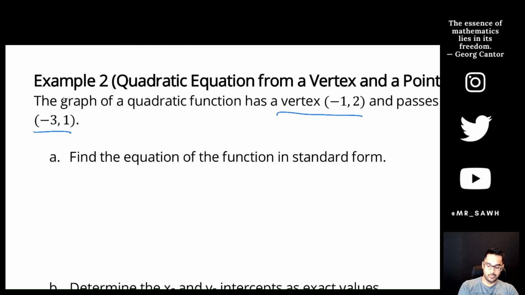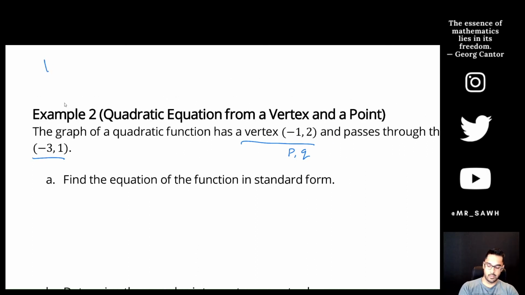Now if you're ever told a vertex, really you're told what P and Q happen to be, and in our standard form, here's what it looks like: y equals a, x minus p squared plus q. Some sources will use, instead of P and Q, H and K. The variables are irrelevant. The numbers don't change. You can change the variables to be whatever you want. They'll still go in the same place.